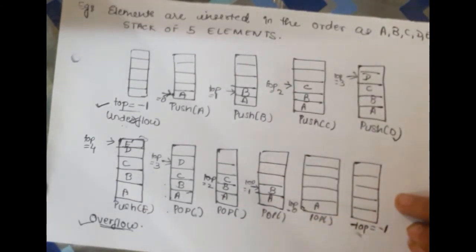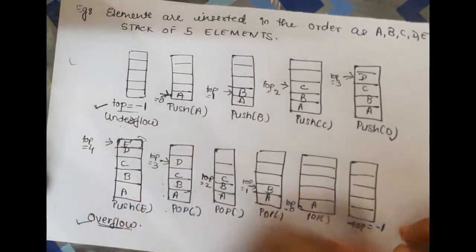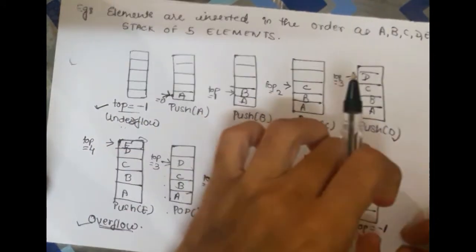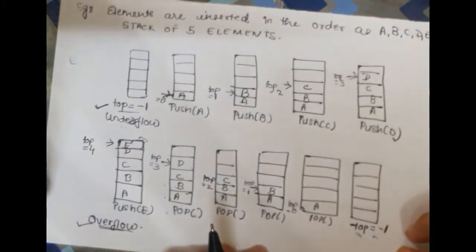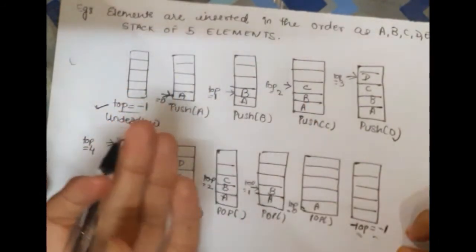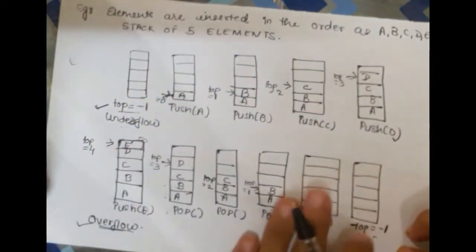Now again top equals -1, which is underflow, and which indicates the stack is empty. So in this way elements are pushed into the stack and popped from the stack.